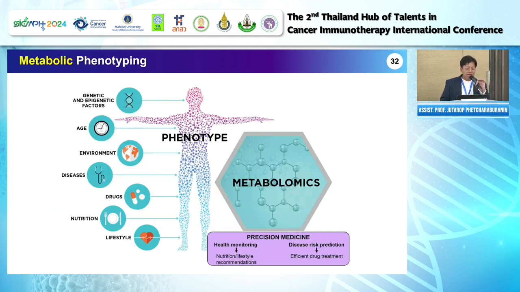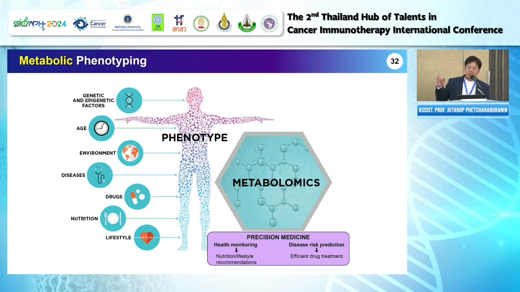Now let's have a look at metabolic phenotyping. Why is metabolic phenotyping so important nowadays? This is because phenotypes change dynamically over time, even over seconds, as a result of genetic and epigenetic factors, age, environment, diseases, drugs, or lifestyle factors like smoking or non-smoking, and nutrition.